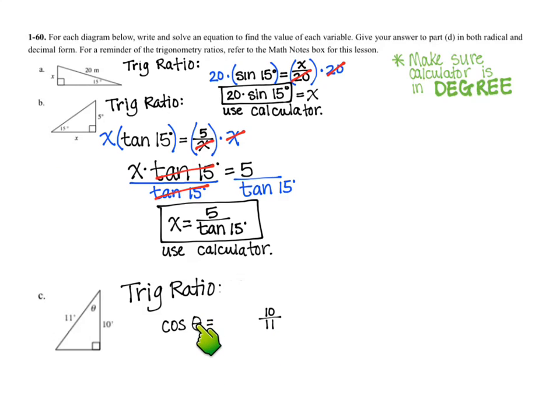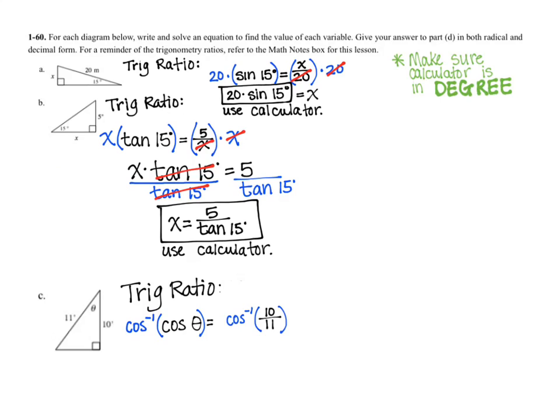Now here's our unknown, and it's trapped right now because it says cosine of theta, so we need to undo this function of cosine, and the way we undo it is with the inverse of cosine. It's not dividing, it's two functions where one undoes the other.